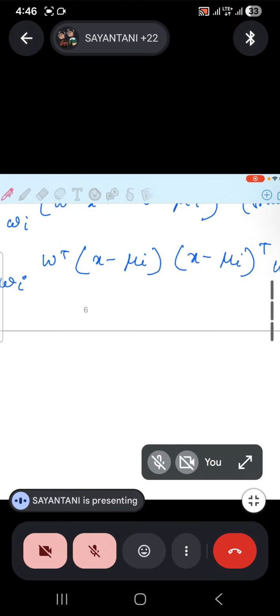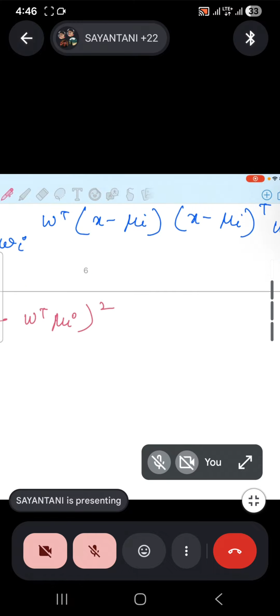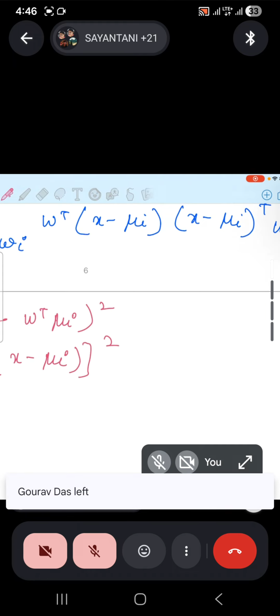So what is done over here? Basically W transpose X minus W transpose mu I whole square. This was the thing. So what I can do is I can take out W transpose (X minus mu I), and this is whole square. I hope this part is clear.